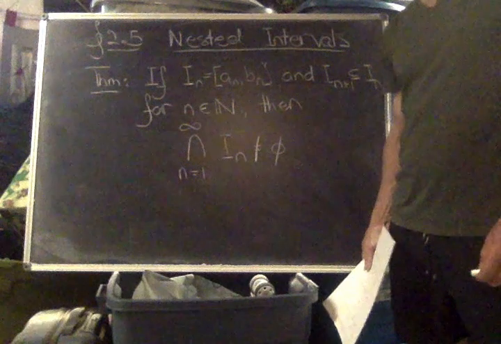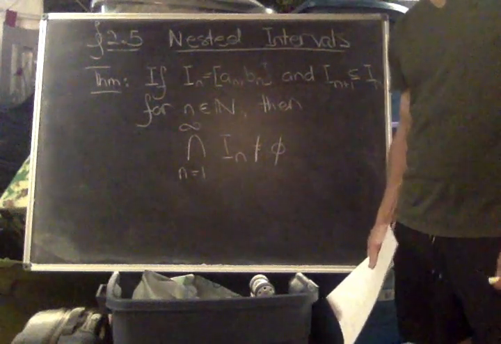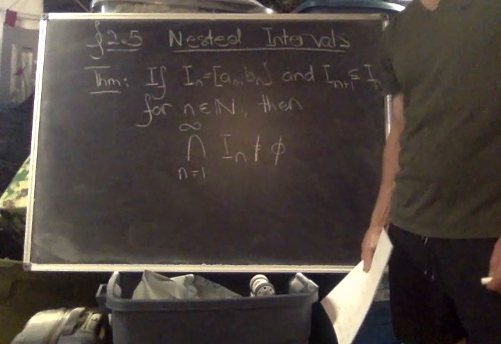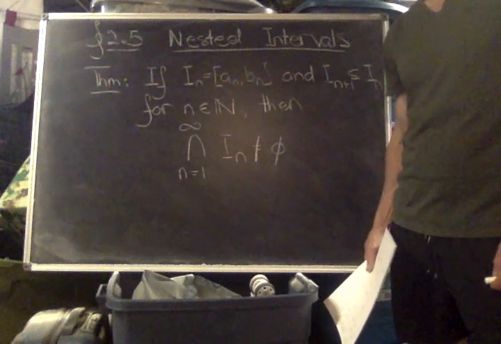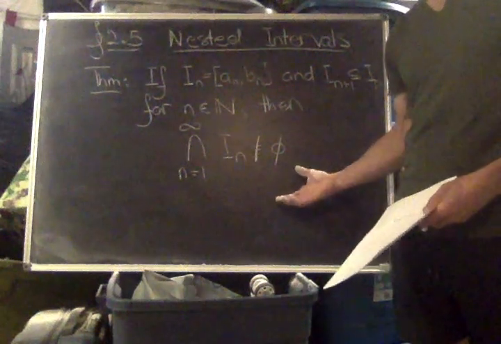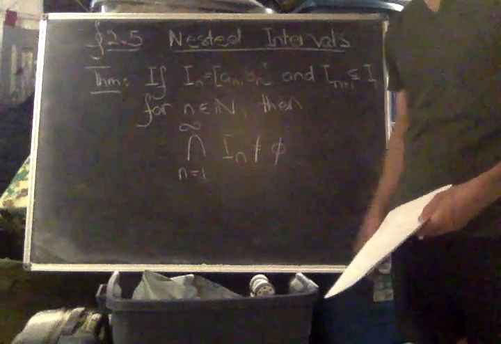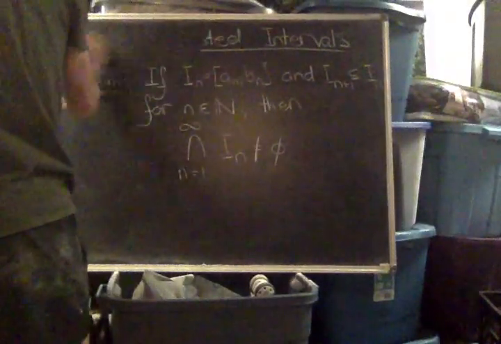Now, at various points in this course, and possibly in the exam, it will be helpful to know something a little more detailed about exactly what this intersection looks like. So let me go a little further and say something about that.